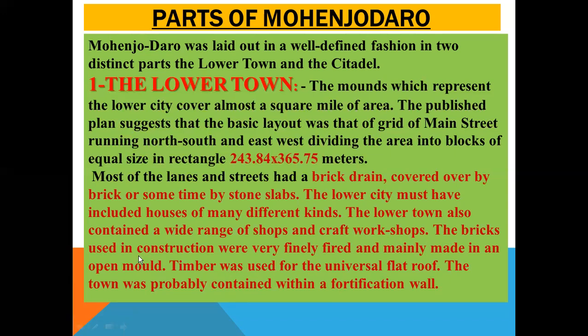The bricks used in construction were very finely fired and mainly made in an open mold. Timber was used for the universal flat roof. The town was probably contained within a fortification wall also. So in the lower town, people of low standard were living.